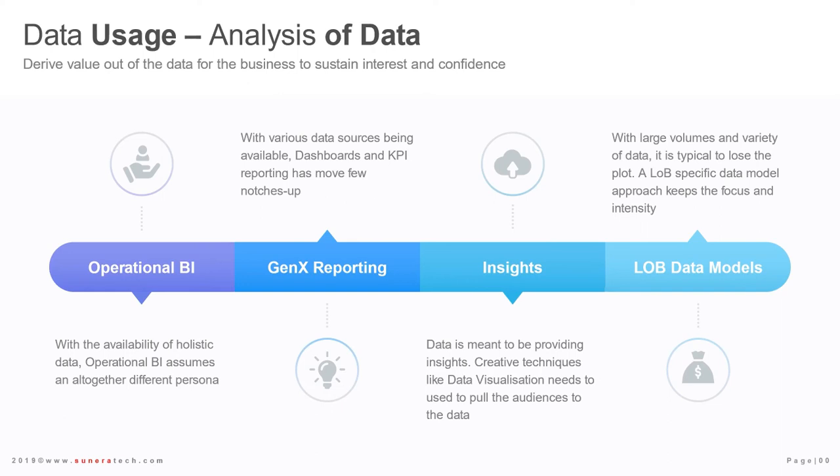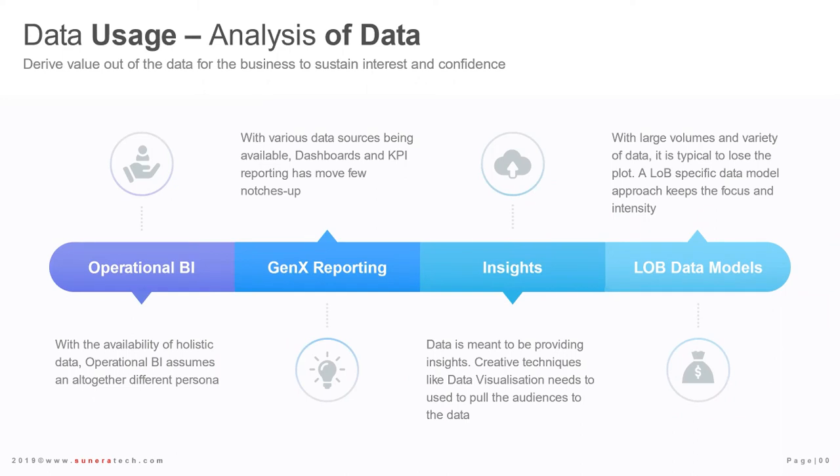And Vijay, do you want to add anything before I move on to the advanced analytics piece? Yeah, just maybe a couple of lines. From a Gen X reporting standpoint, how is it different from others? There are a few parameters that a reporting component has to satisfy to be called Gen X reporting, right?